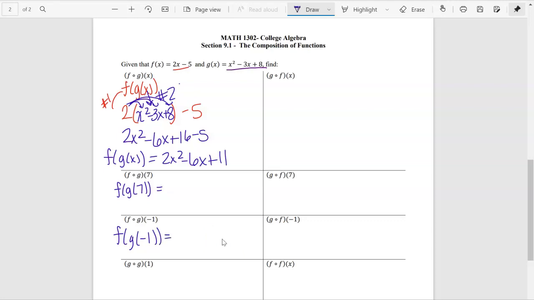Okay, so I'm going to plug in 7 and -1, but I'm going to go to my calculator and I'm going to type this in.